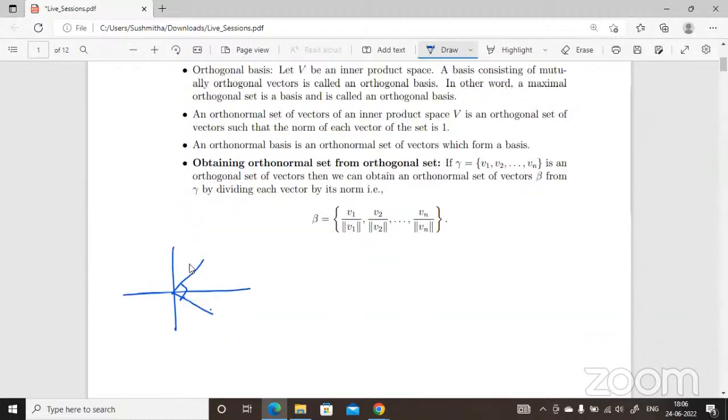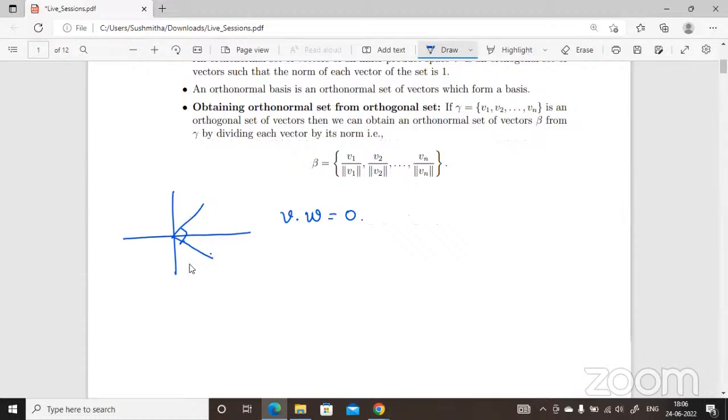So the basic concept is that the dot product of those two vectors is 0. Generalizing this, we talk about orthogonal vectors. Two vectors are said to be orthogonal if the inner product of those two vectors is 0, and this inner product will be based on the inner product that is defined. So V with this function is an inner product space.